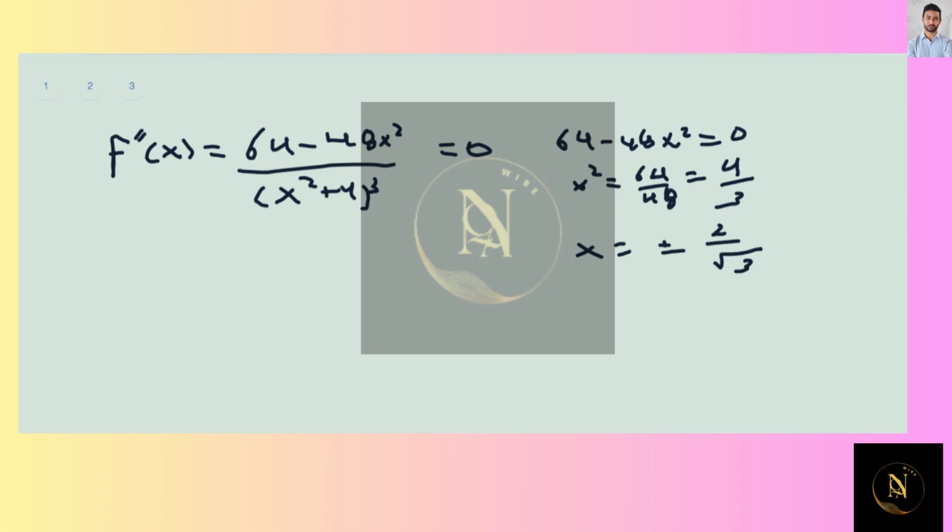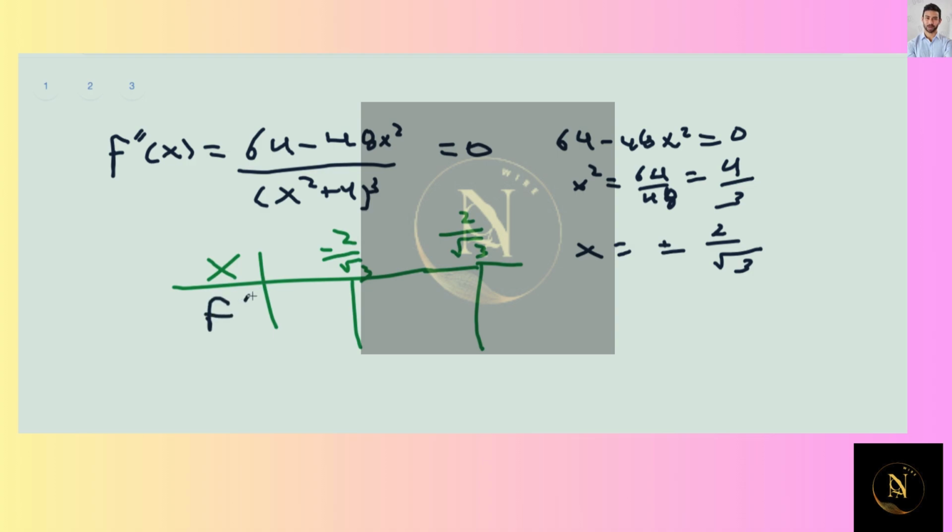Now we're going to evaluate it around those two numbers, so the sign chart. This will be negative 2 over root 3, and this will be positive 2 over root 3. Now you look at the sign of f double prime. If you plug in values less than negative 2 over root 3, you get negative numbers. Between these two, you get positive, and greater than, you get negative. So this is concave down, up, down.